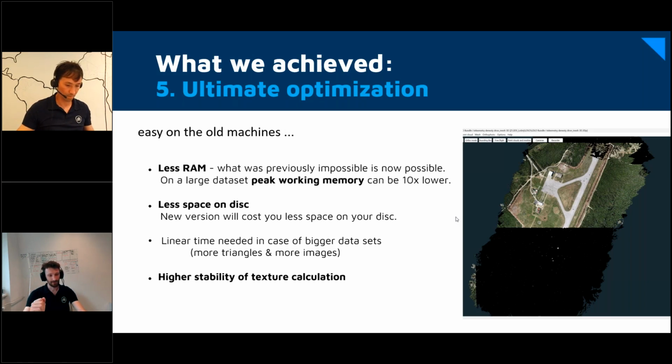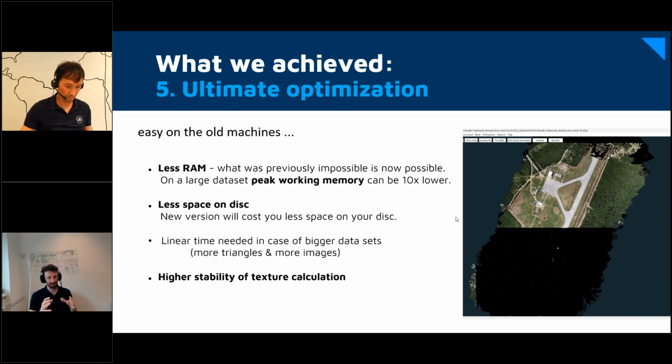Another nice feature is that texture is now compacted in a smarter way, so it takes less space on your hard drive. You save disk space, and we all run out of it eventually. This new version will save you about 10 to 15% of the space that was occupied by the texture.